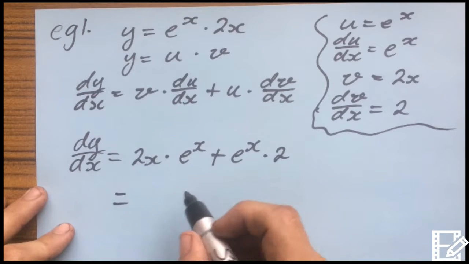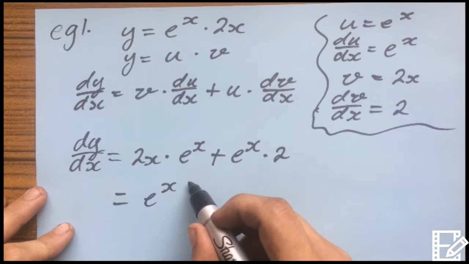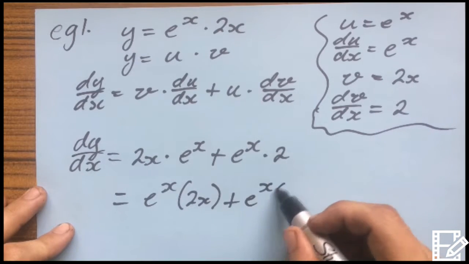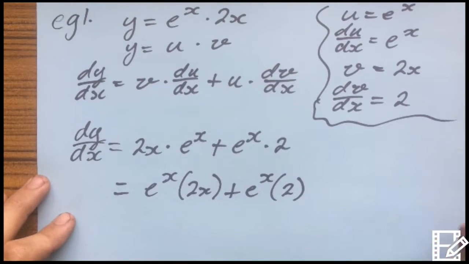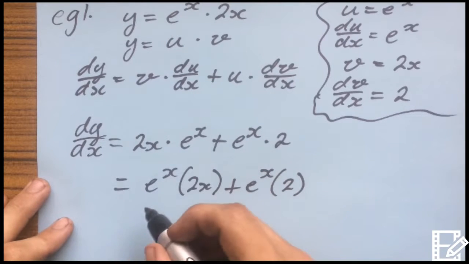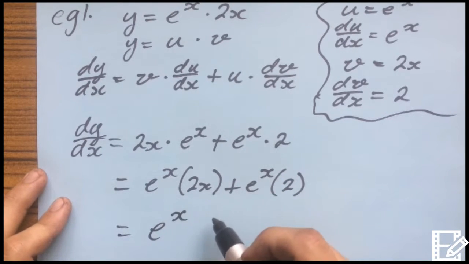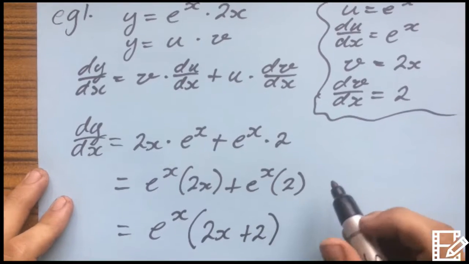So we can rearrange this so it looks like e^x 2x plus e^x 2. And if you wanted to rearrange and simplify a bit more, you can write e^x (2x + 2).